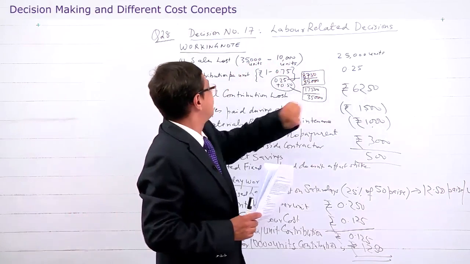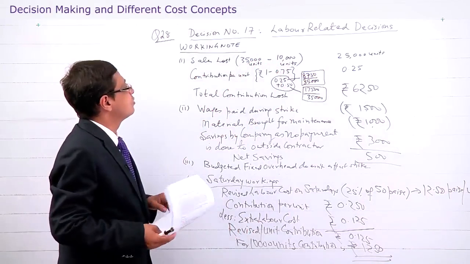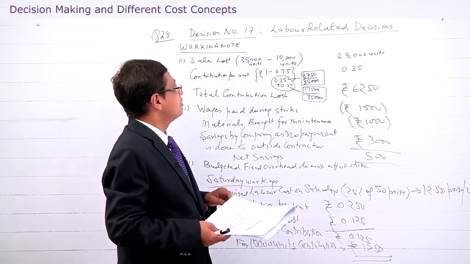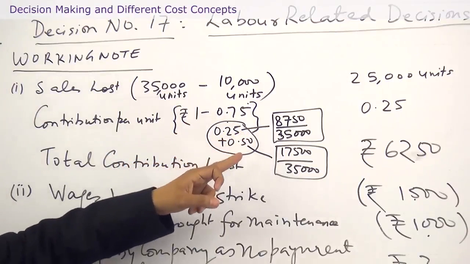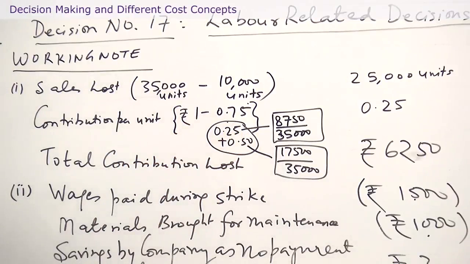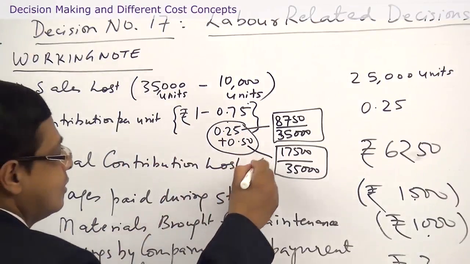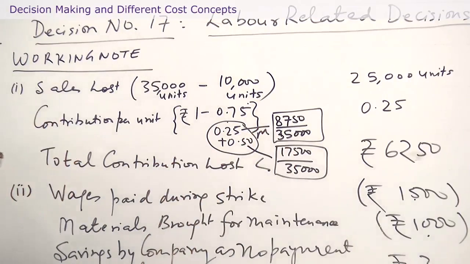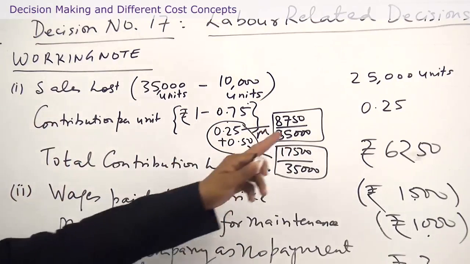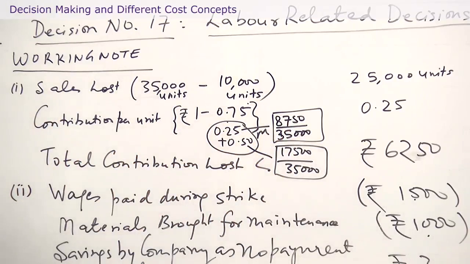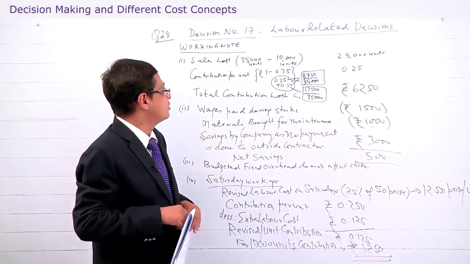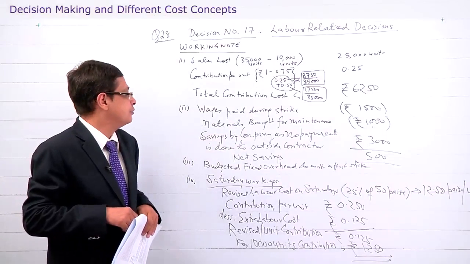So it is 25,000 units. Per unit contribution was 0.25, because from rupees 1 I have reduced 0.25 for material, 0.5 for labor. So for 35,000 units I have got them at 0.25 and 0.5. So total contribution lost is, when I have multiplied 0.25 with 25,000 units, rupees 6250.